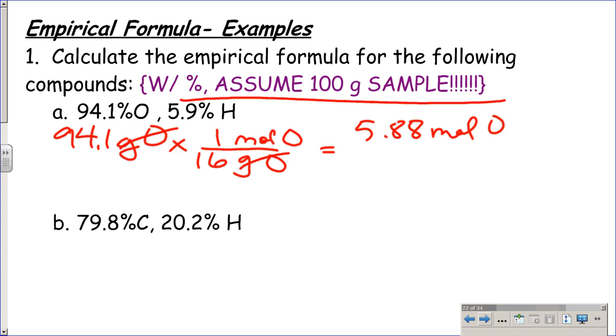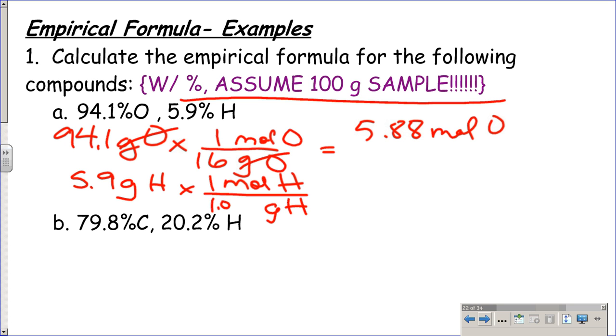We need to do the same thing for the other one. So how many grams of hydrogen am I starting off with? 5.9, because I'm assuming a 100 gram sample for my percents. So what's the molar mass of hydrogen? 1.008. Looking on the periodic table, right? So you said 1 mole of hydrogen goes on top because you want to get moles. The grams of hydrogen go on bottom because you want to get rid of hydrogen grams.